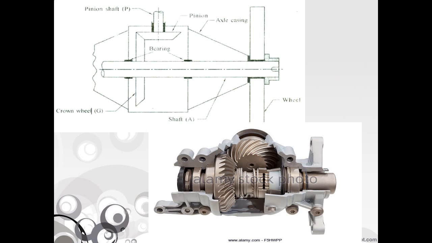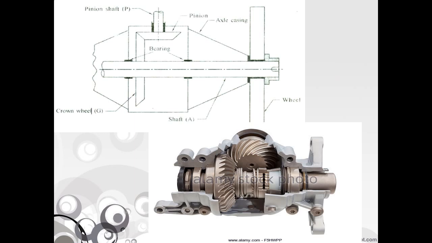The end caps are used to restrict the wheel in the axial direction. The wheels are mounted on the ends of the axle shaft. In the actual case, two shafts are used instead of one. This is the construction of the rear axle.